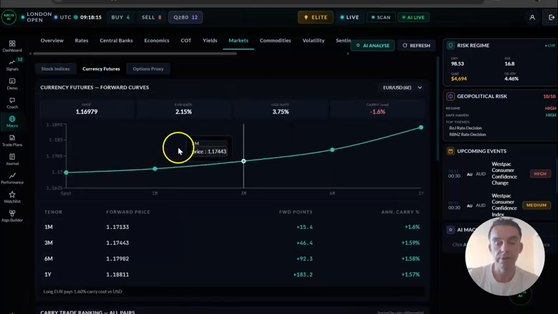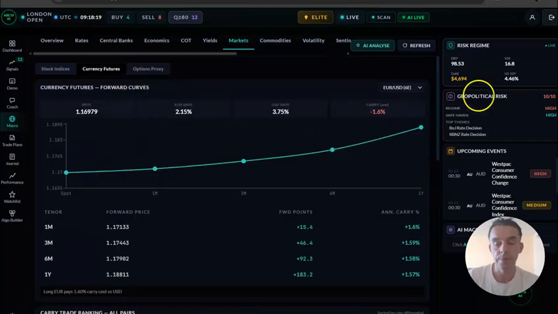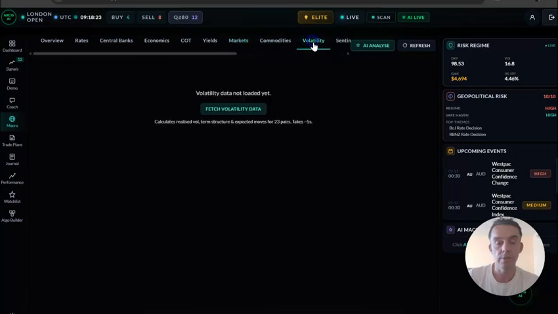We have currency futures. So this is the currency futures section. We have options. We need to load the volatility dashboard for the options.